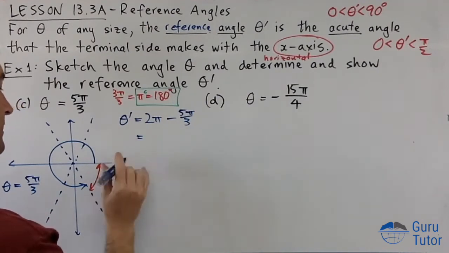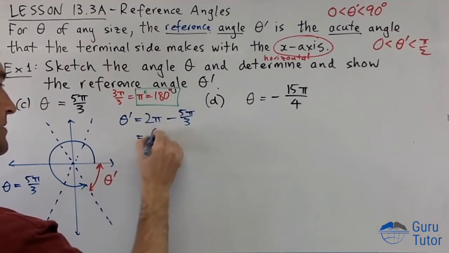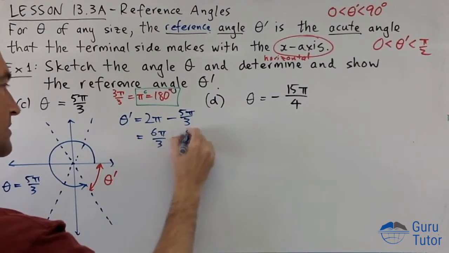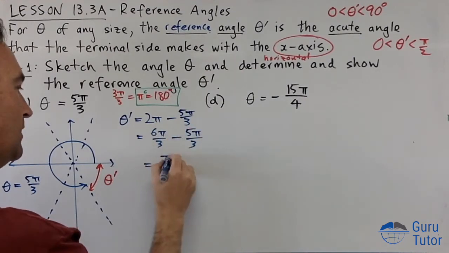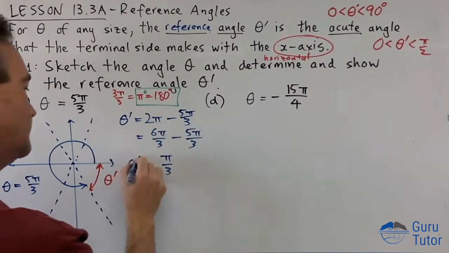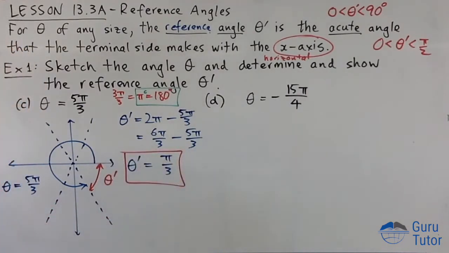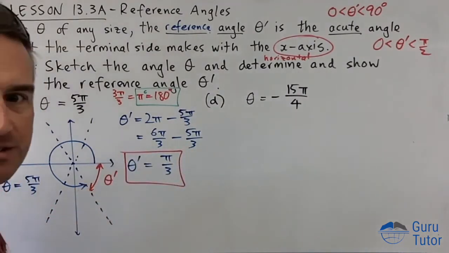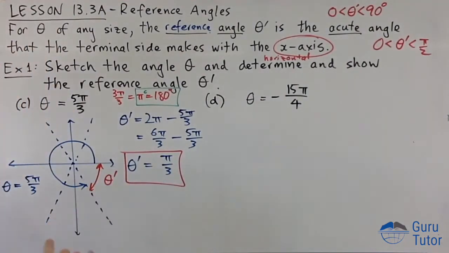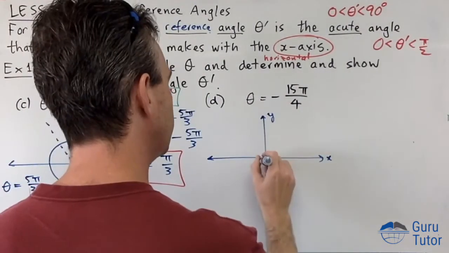Common denominator, what's that? This could be 6 pi over 3 minus 5 pi over 3. Just pi over 3. Here's our acute reference angle for this case, pi over 3. So you could just see that 60 degrees, isn't it? So our acute reference angle is pi over 3, 60 degrees. Last example.